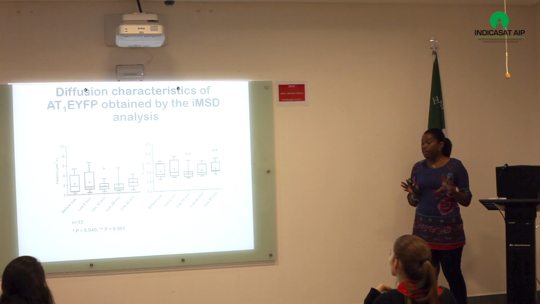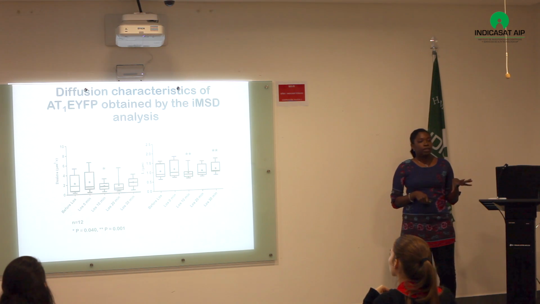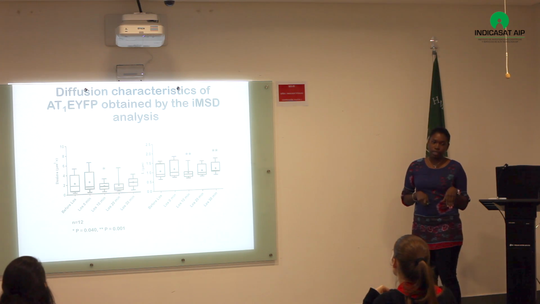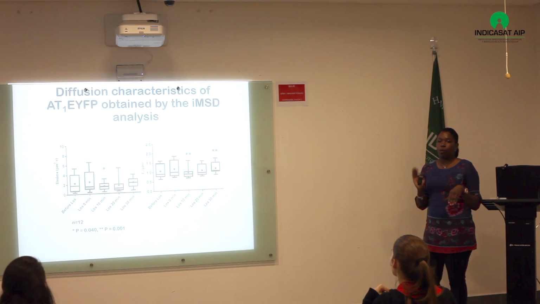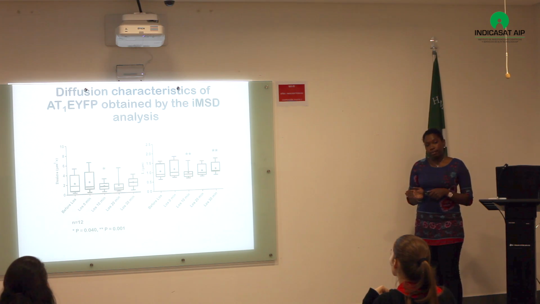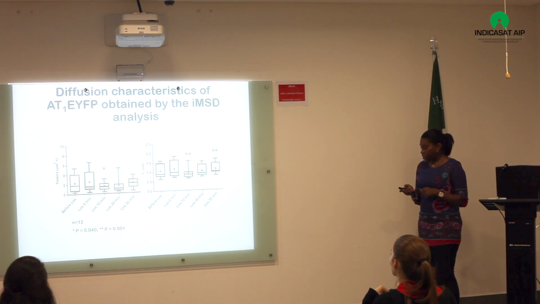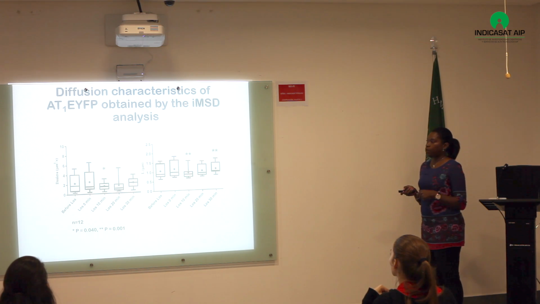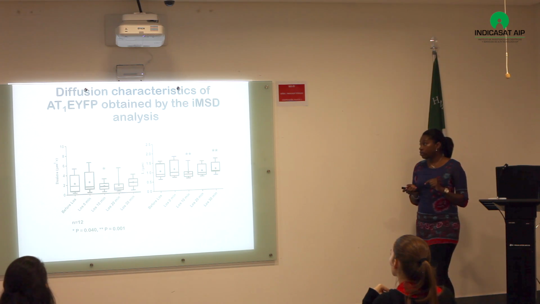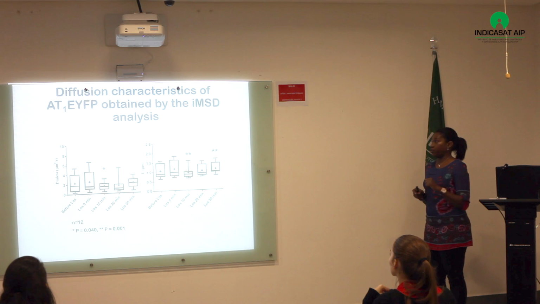The values of the long-range diffusion for these receptors were in the range of 0.01 micrometers squared per second to 0.1. What we observed is that the antagonist, losartan, did significantly decrease the movement of the local diffusion, and also significantly decreased the size of the confinement regions.